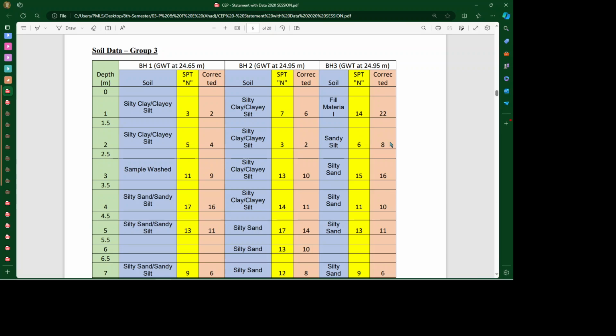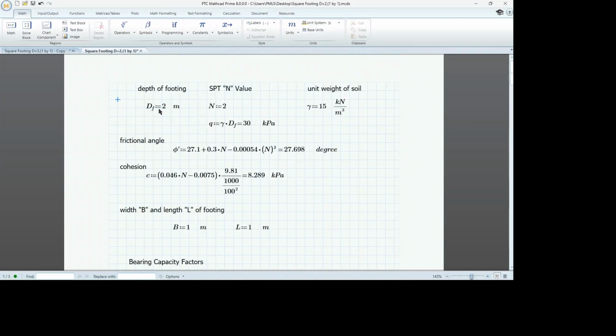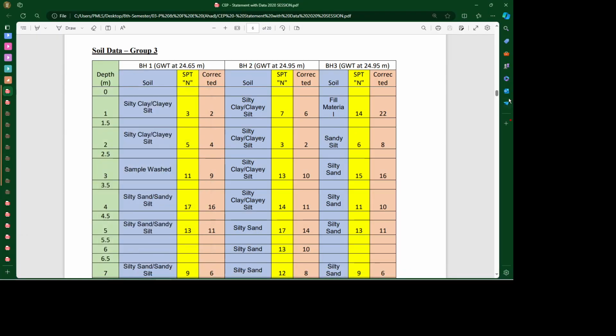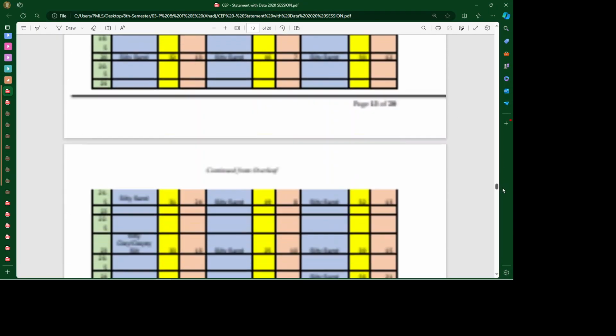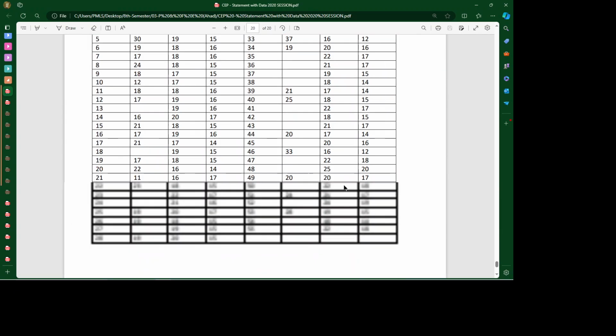As these are not very close values, we are going to take the minimum value. So 2 is the minimum value that is taken here. Depth of foundation 2 meter, SPT-N value 2, and gamma 15 kN per meter cube was selected from the data given along with this problem.